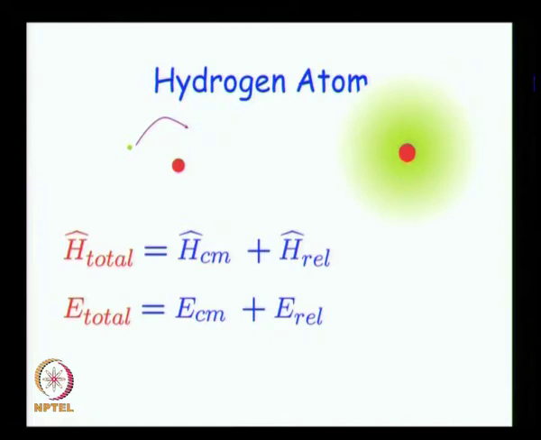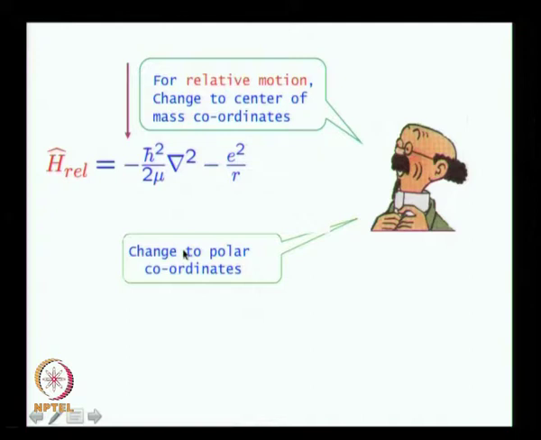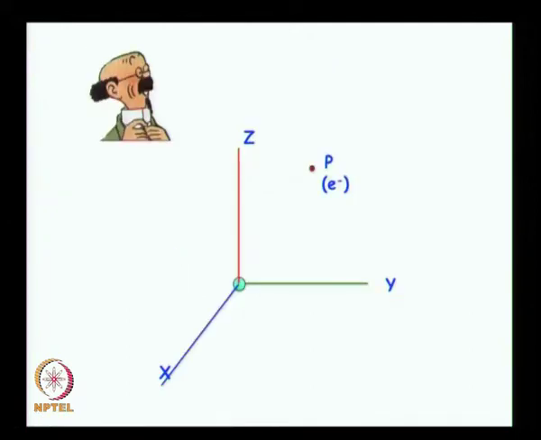Naturally, the total energy will be given by this expression. The total wave function will be a product, and we are worried only about the relative motion. This is the equation that we are actually going to solve, and we have to change to polar coordinates.